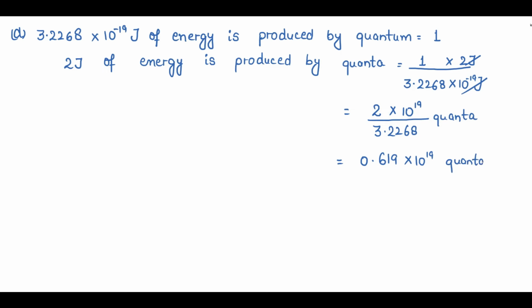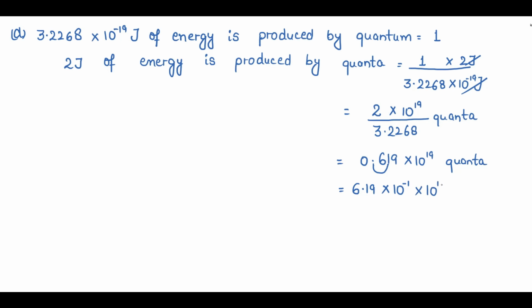Now I just want to convert this 0.619 according to the scientific notation. So according to the scientific notation, there should be one non-zero digit on the left side of the decimal. So what I'll do, I'll simply displace this decimal up to one digit from left to right, right? So power will be negative. So 6.19 into 10 raised to power minus 1, because I am displacing decimal up to one digit only, right?